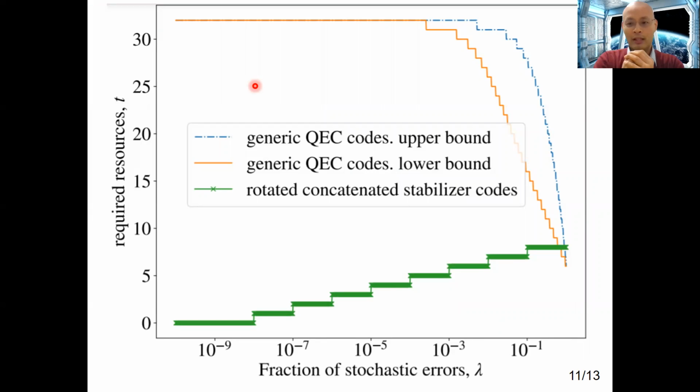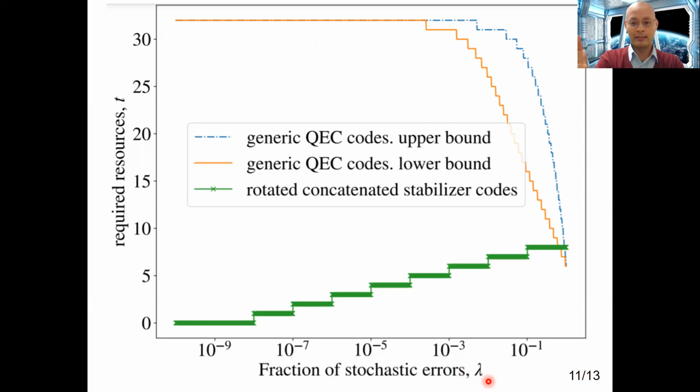But the key message I would like to bring home today is that there is a huge advantage in using these constant excitation codes if the noise model is dominated by coherent phase errors. So now let us consider a noise model where with some probability there will be some coherent phase errors, and with some probability there will be some stochastic errors.